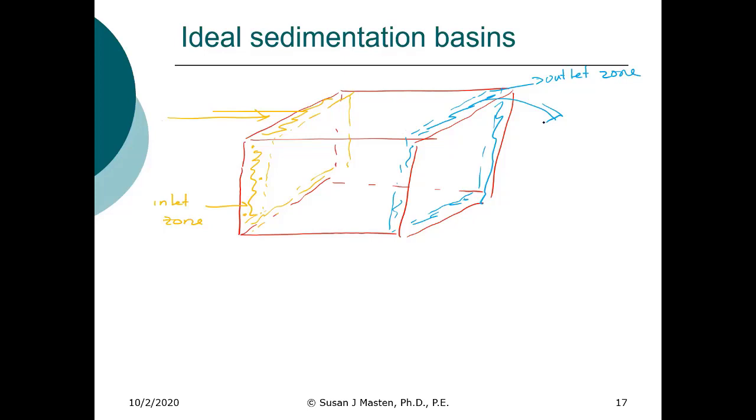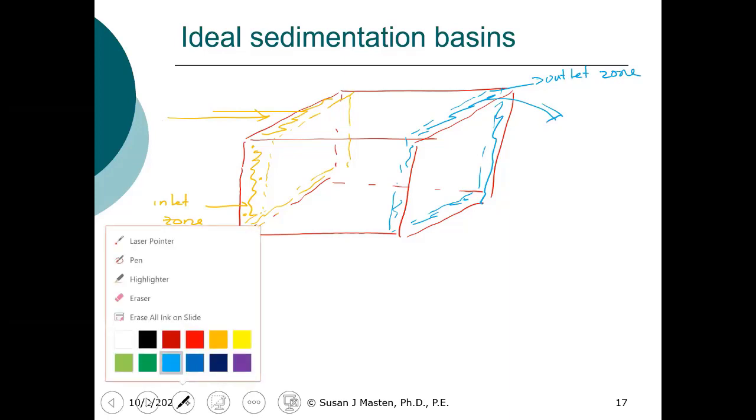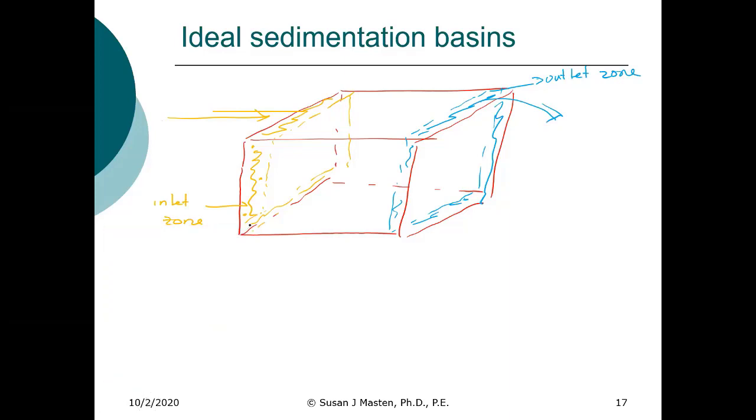So the flow is either transitional or turbulent, but we don't have settling there. And then the third zone we have is on the bottom of the tank, and that is our sludge zone. Particles settle, they hit the sludge zone, and they remain there. So we're assuming that no particles are re-entrained once they hit that sludge zone.